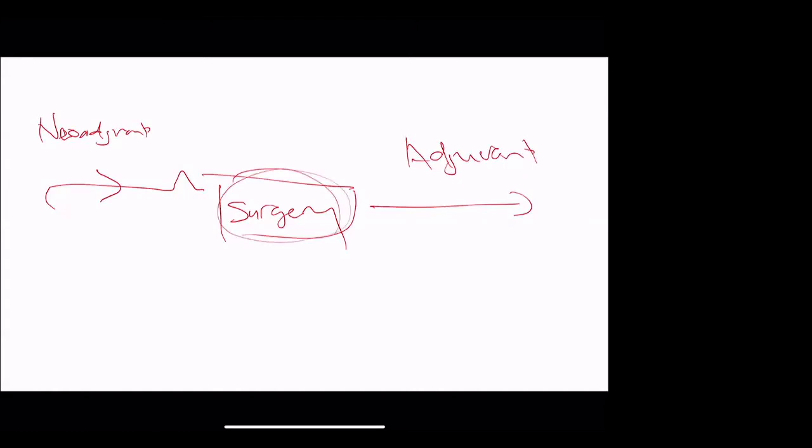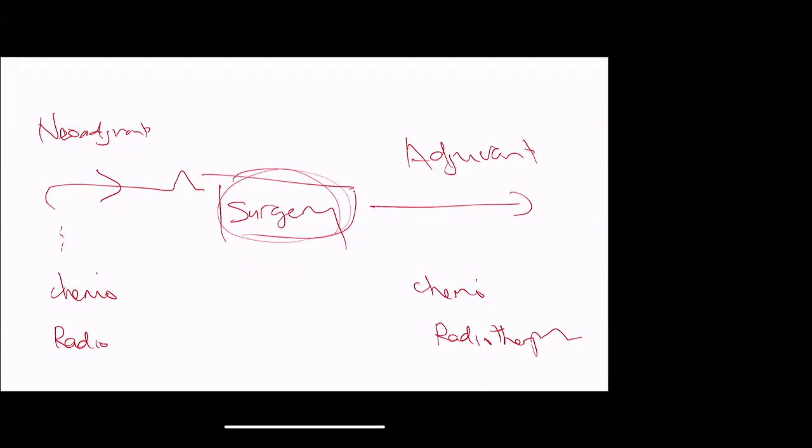What are the certain things that we can do before you go for surgery? You can give chemotherapy or you can give radiotherapy. And after that, what can you do after? The same thing: chemotherapy, radiotherapy. Then you ask me, hey, how come I throw chemo and radio at them? Why?